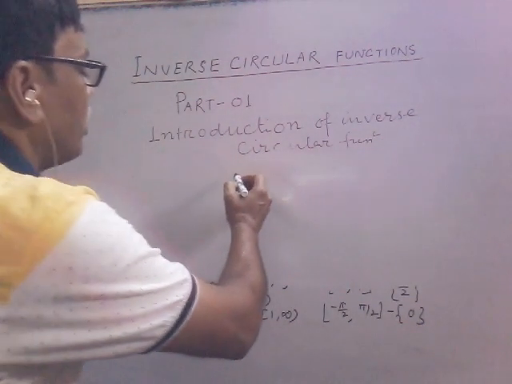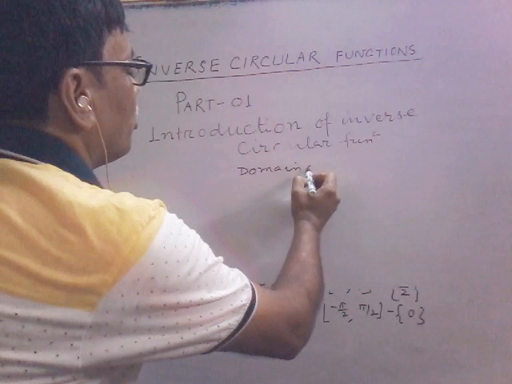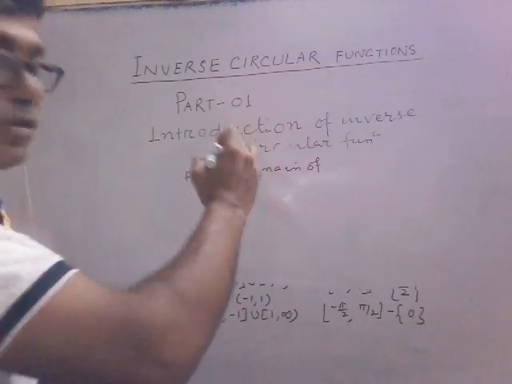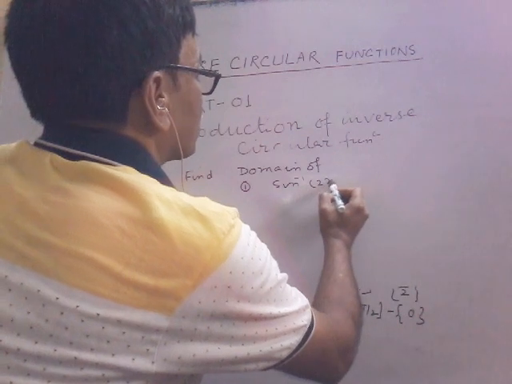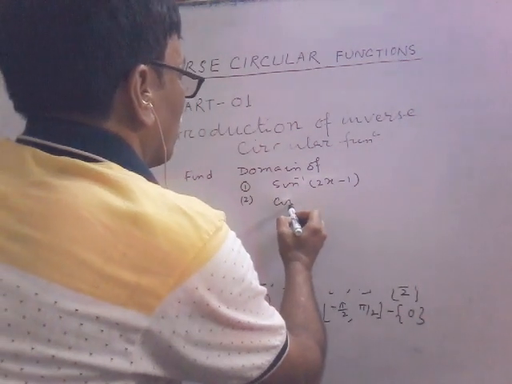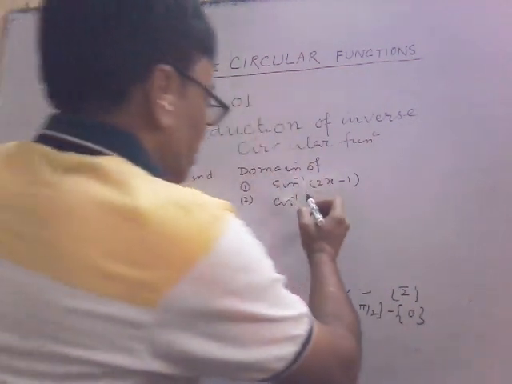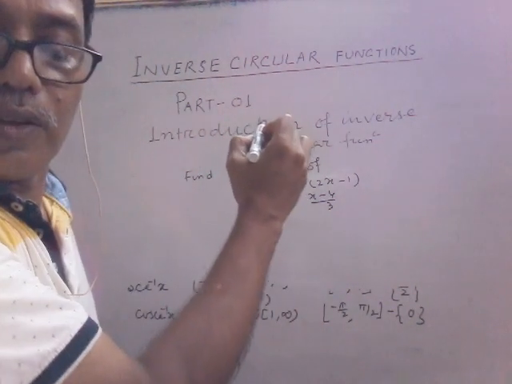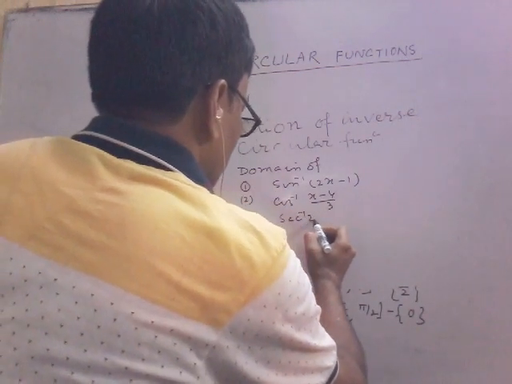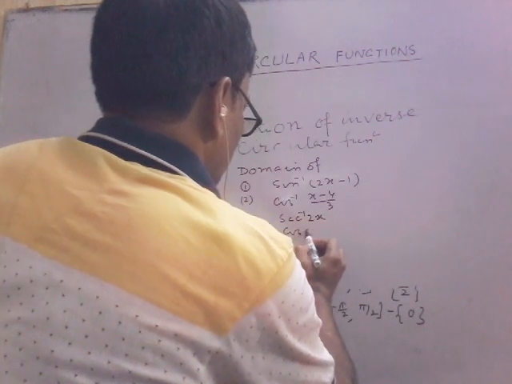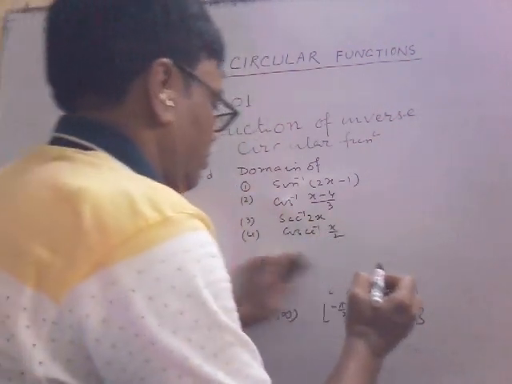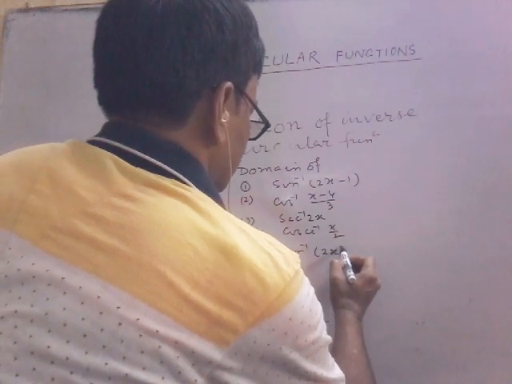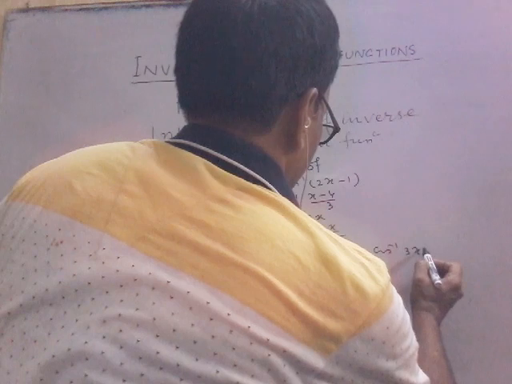Now, find domain of sine inverse 2x minus 1, cos inverse x minus 4 by 3, sec inverse 2x, cosec inverse x by 2, and sin inverse 2x plus cos inverse 3x.